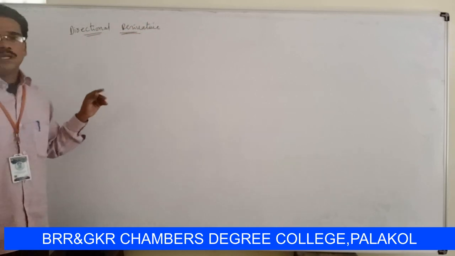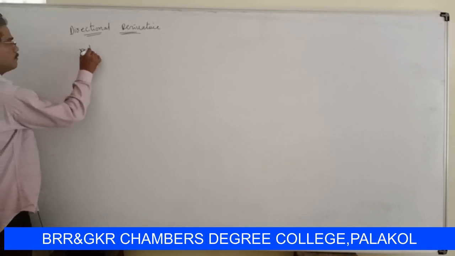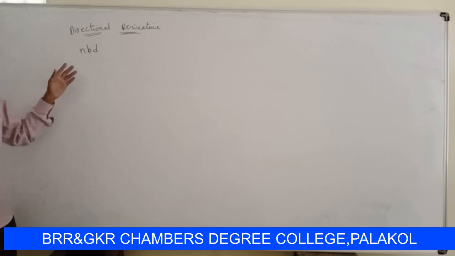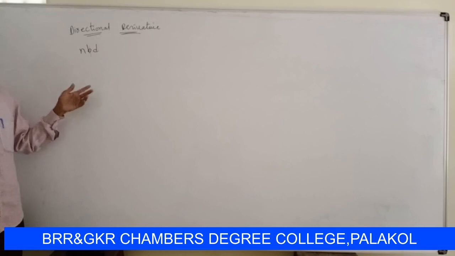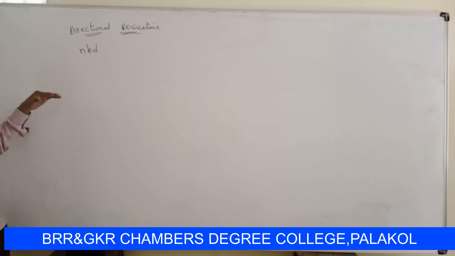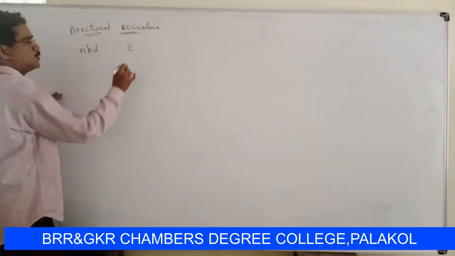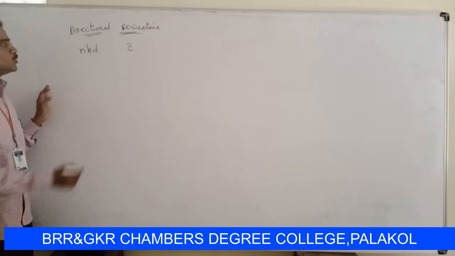Let f be a vector point function defined on a neighborhood D of a point P. Suppose L is a ray from P in the direction of a unit vector E bar. Let Q belong to L intersection D.